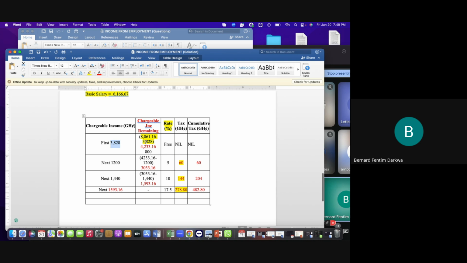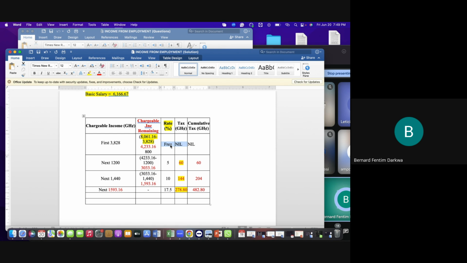When you subtract 3,822, we are getting 4,233.16. This is the salary income remaining after taking the tax-free amount. The rate is free, so you don't charge anything. There will be no tax on this amount that you have taken.